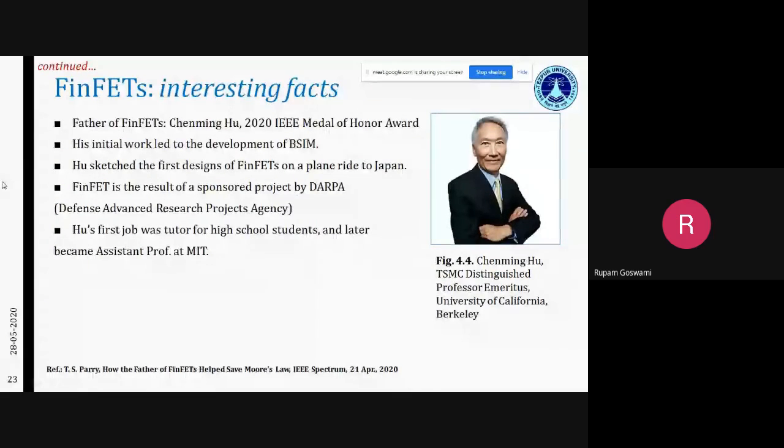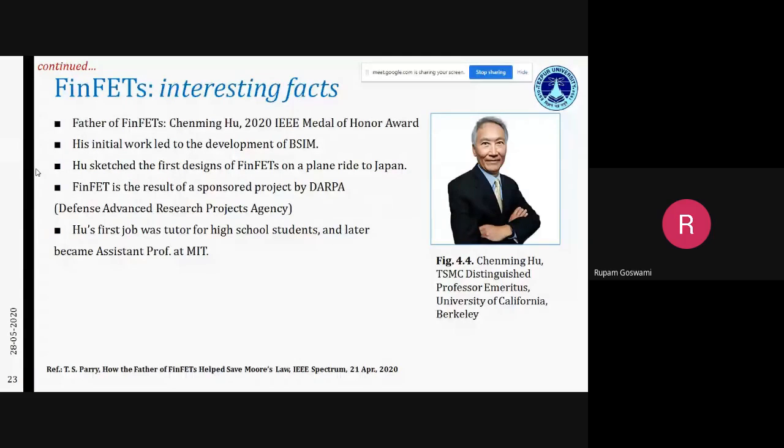So again, I have collected a few interesting facts about FinFETs, and these are far more interesting than what we have done till now, because this speaks of the current year 2020. The 2020 IEEE Medal of Honor Award has been given to Chen-Ming Hu for his invention or for his fabrication of the FinFETs.